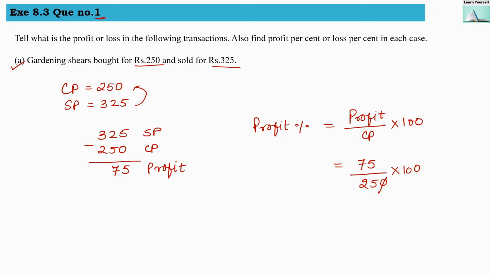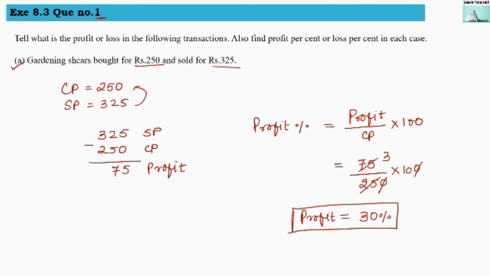So this 0 and this 0 we can cancel it out. 25 3s are 75. So 30 will be the profit percentage for this numerical. So there will be two answers for this numerical, and 75 rupees is a profit, and second answer, the profit percentage will be 30%.